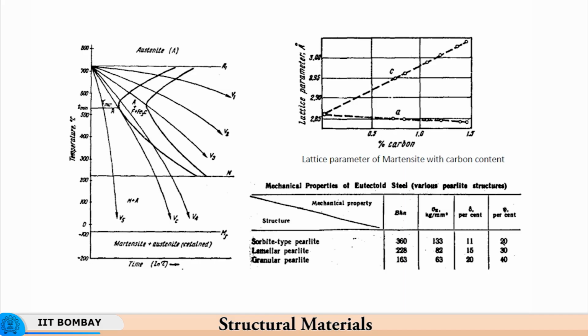Then you have vanadium, aluminum, titanium, zirconium, nickel. These are all austenite stabilizers. They enhance the range in which austenite is stable, so the martensitic range gets suppressed well below the room temperature.